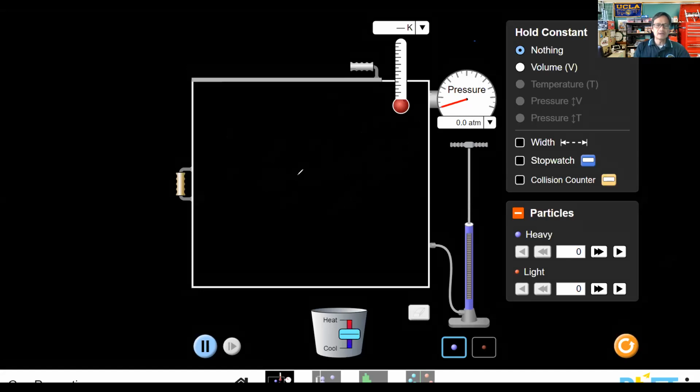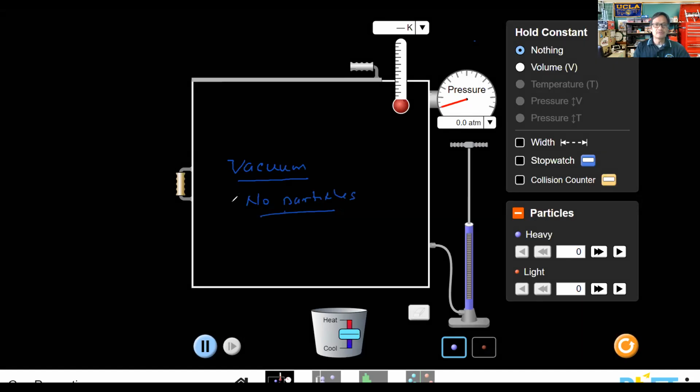So inside the chamber now we have effectively a vacuum, and with a vacuum, remember, there's nothing in there. There are no particles inside the vacuum, so there can't be any collisions. Remember, it's the movement of these particles and how they collide and interact with one another that leads to forces, and those forces then lead to pressure.